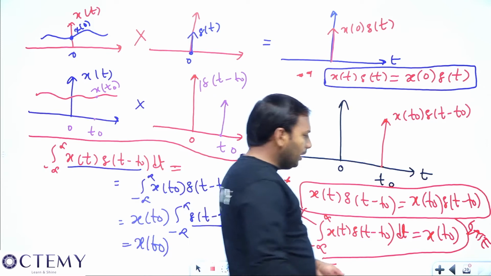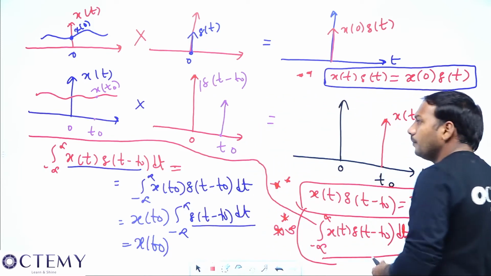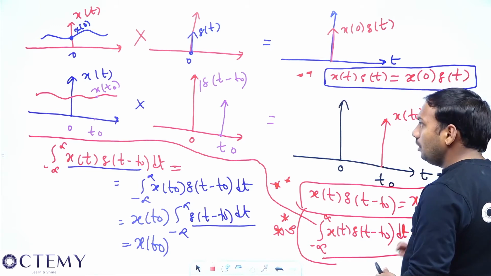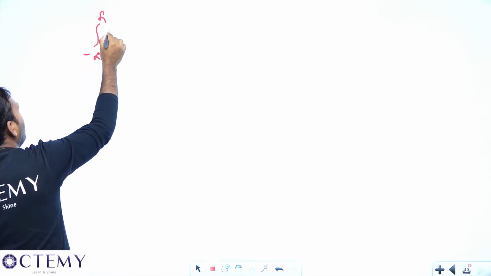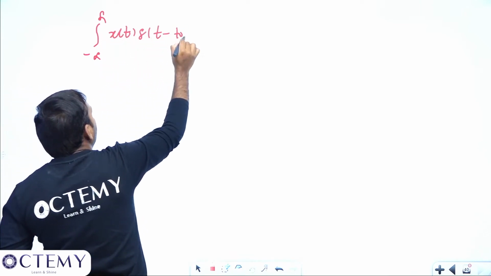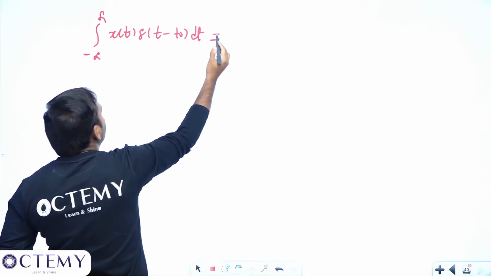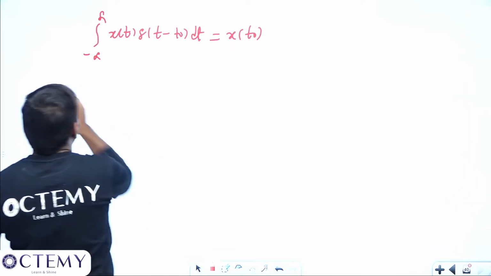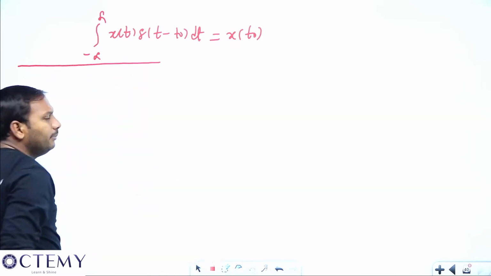So one more thing here I want to explain to you. See here clearly, dear students, I have written one formula: the integral from minus infinity to plus infinity of x(t) delta(t minus t0) dt is simply x(t0). Keep that aside.